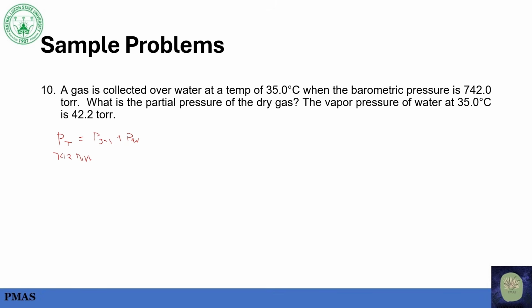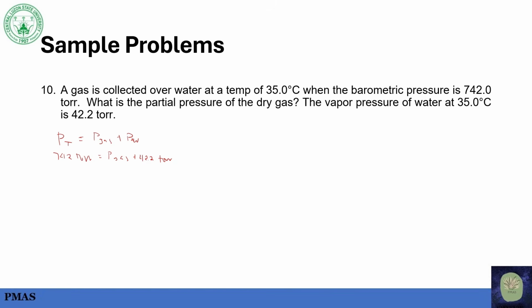Next, we are finding the pressure of the gas, and we are given the pressure of water, which is 42.2 torr. Again, this works because we are operating at a constant temperature. Okay?